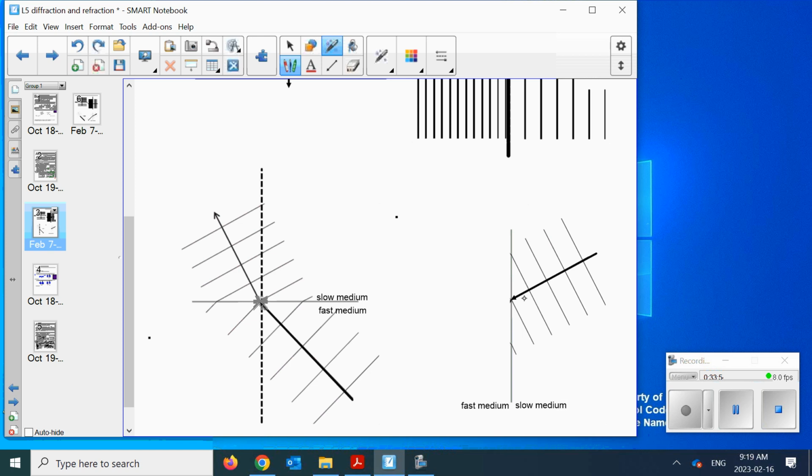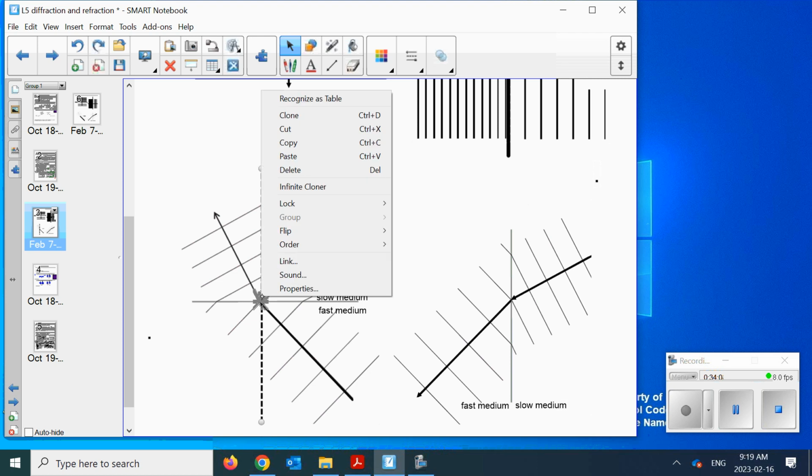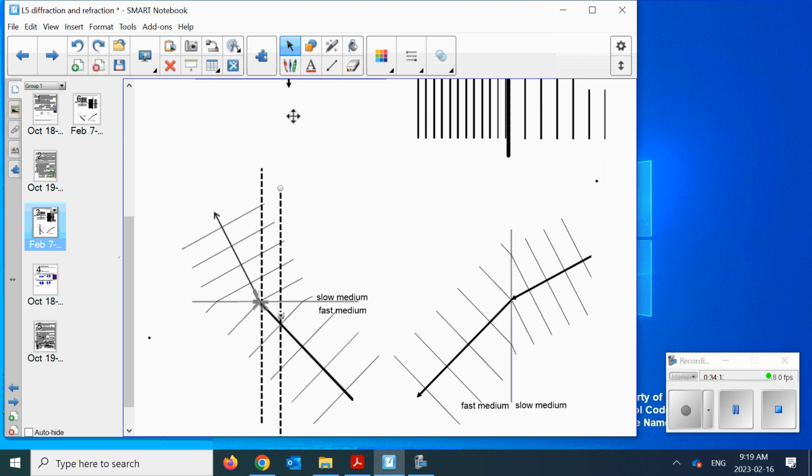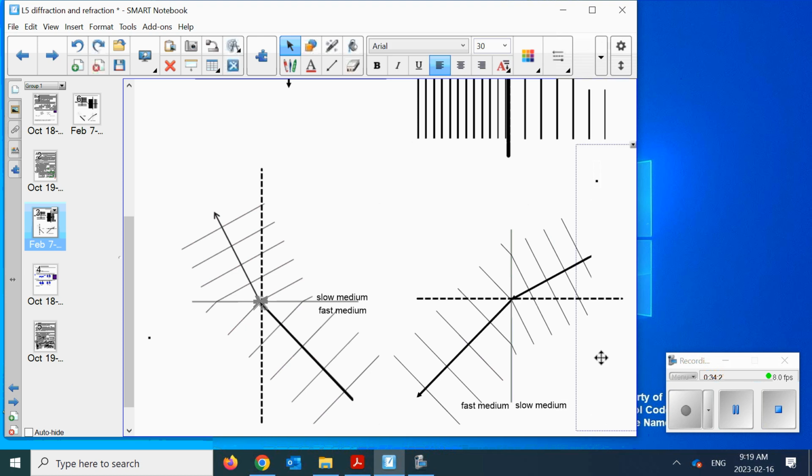I'm going to just sketch the normal. Normal is perpendicular to the barrier, right?